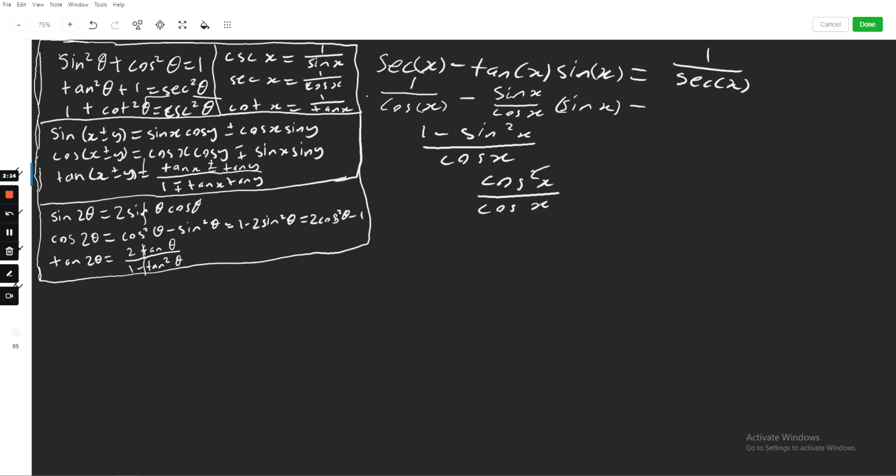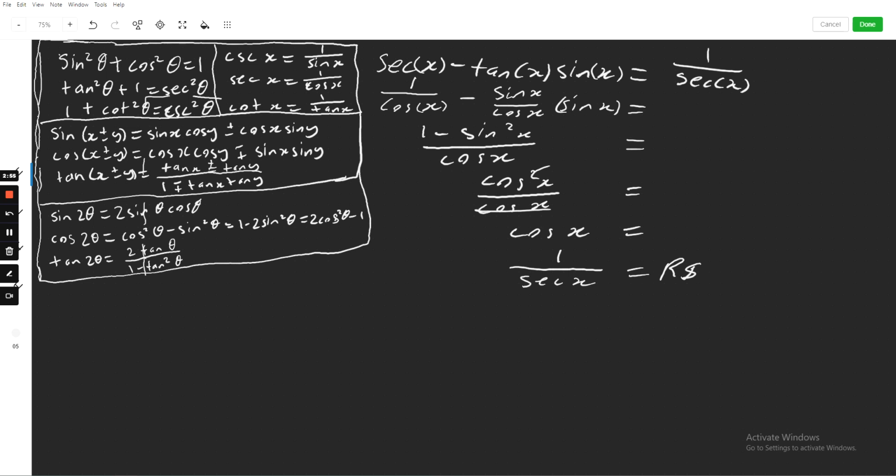When we do this, we can cancel out, and we end up with cosine x, which is actually equal to the right side already, but they wrote it in this way, in which it's just 1 over cosine x, which is equal to 1 over secant x, which equals the right side. Therefore, this trigonometric equation has been proven.